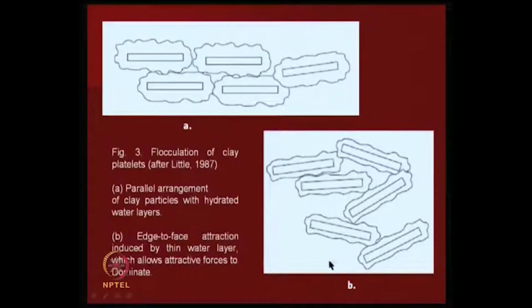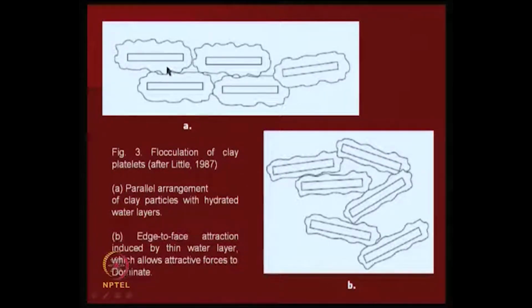So, this is what is called a clay platelet, and this is the diffuse double layer theory. According to that theory, you have a formation of a diffuse double layer. You can calculate the thickness actually. And this we say is a parallel arrangement with hydrated water layers. So, what happens if the water layer enters between the two, there is a tendency to swell like this.